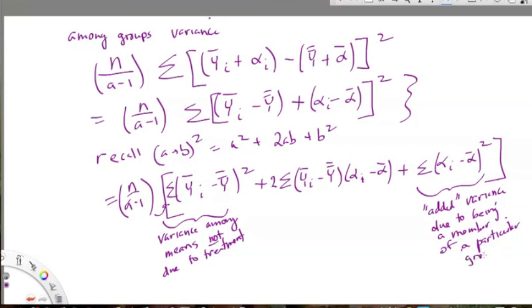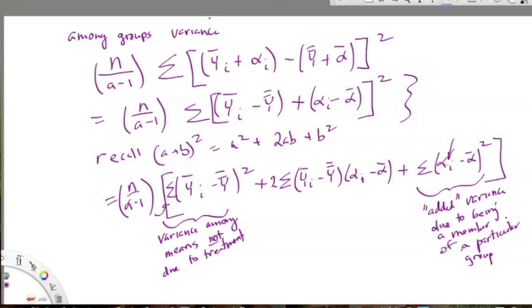Okay, so there'll be some average treatment value, alpha bar, but this is the deviation due to being a member of a particular group. So let's imagine, just real briefly, this alpha bar is the mean for males and females, and alpha i might be the mean for females, and there will be some deviation due to that.